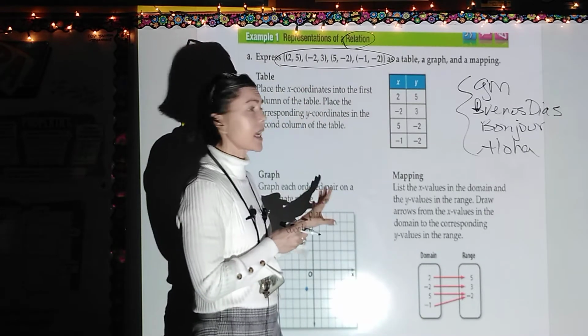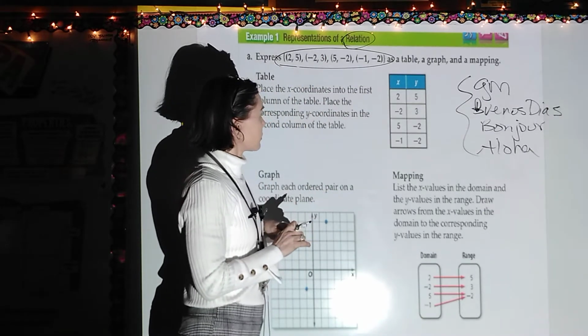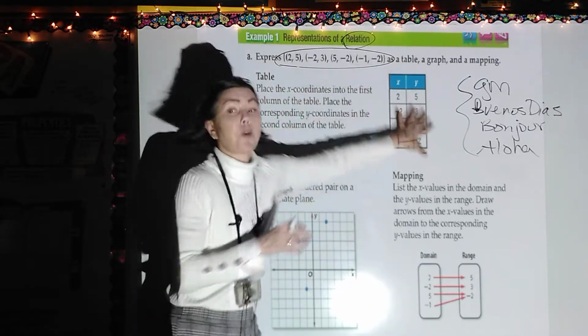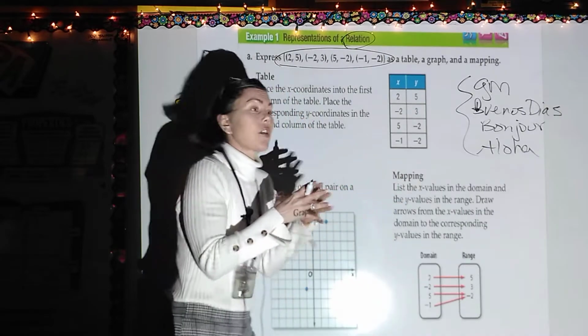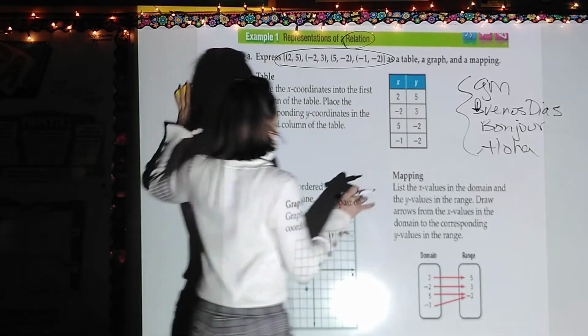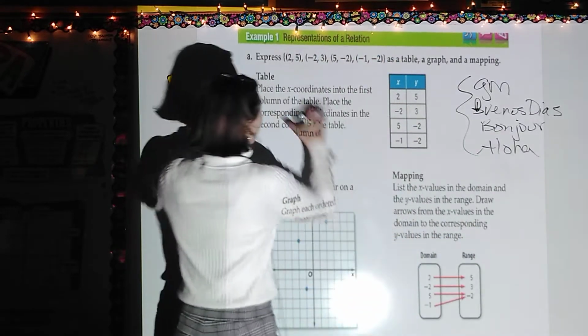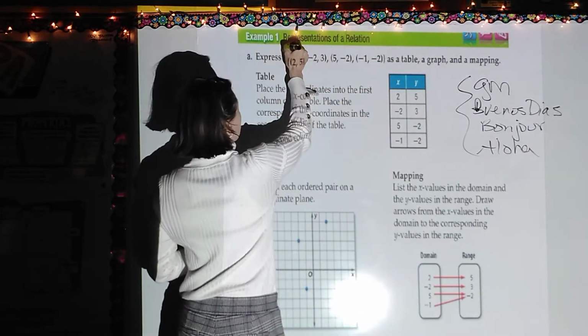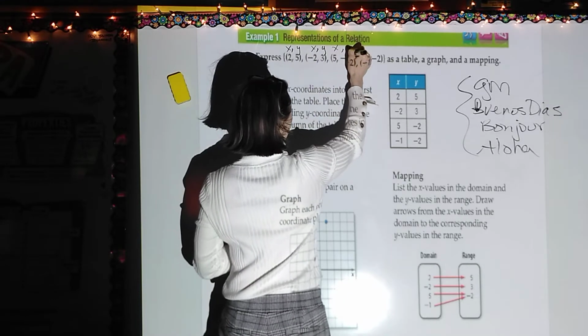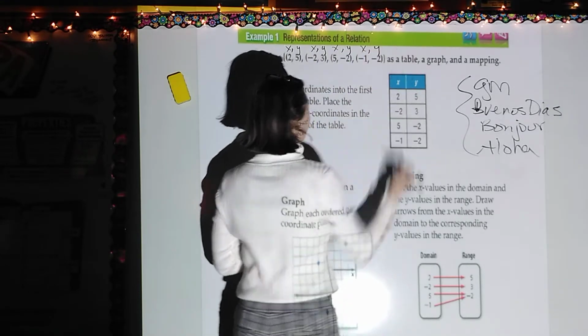So as you can see, they all mean the same thing. They're in different forms, but they all mean the same thing, okay? So what I'd like you to do above your list of ordered pairs here is write X and Y, X and Y, X and Y, X and Y, okay?